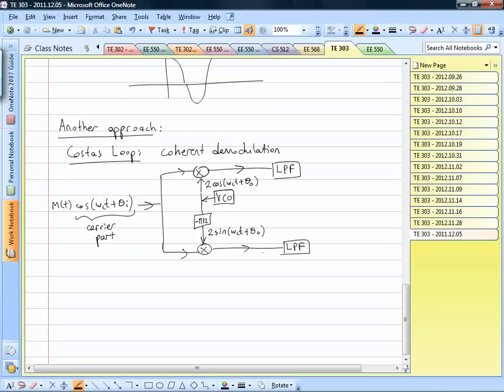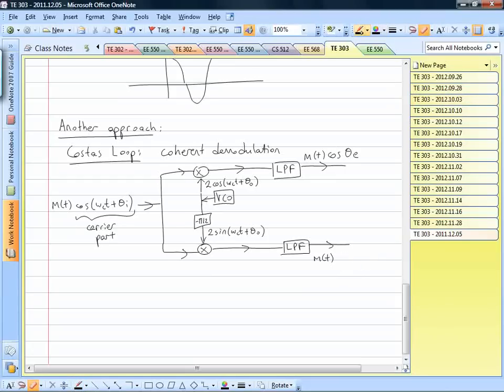Now you should remember this from the PLL, that if you multiply an incoming cosine and sine, you should remember what happens. What you can remember is that this is m of t cosine theta error, and here you get m of t, sorry, sine theta error.